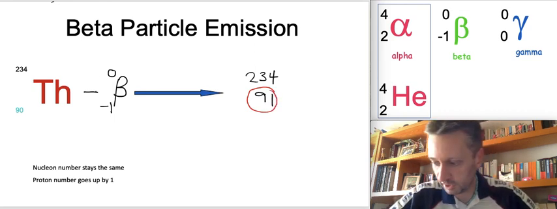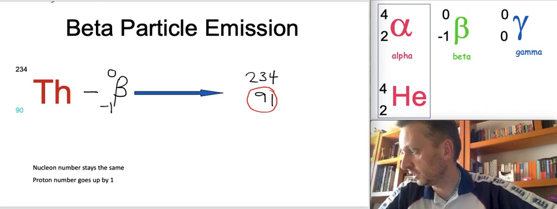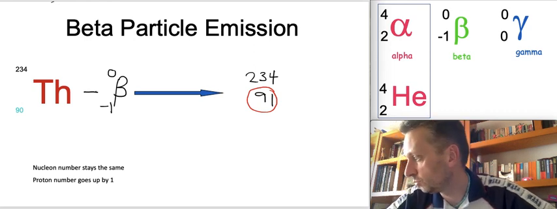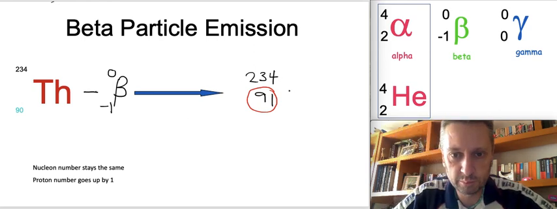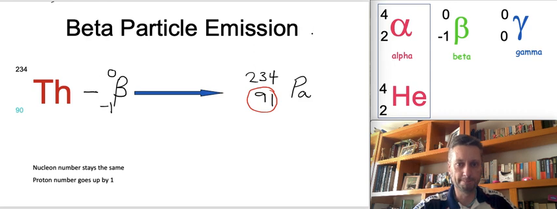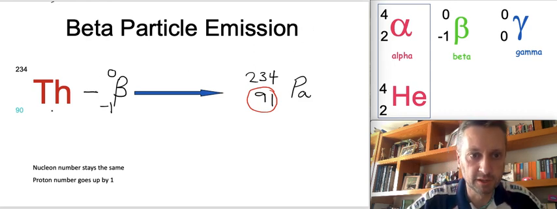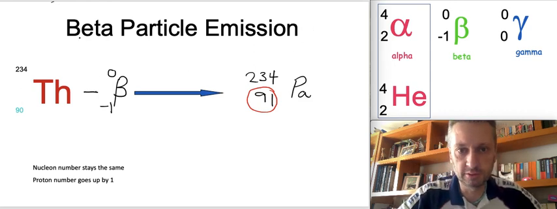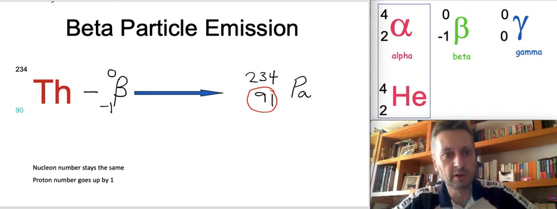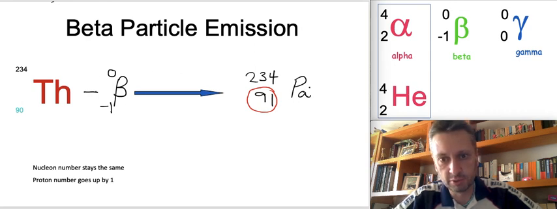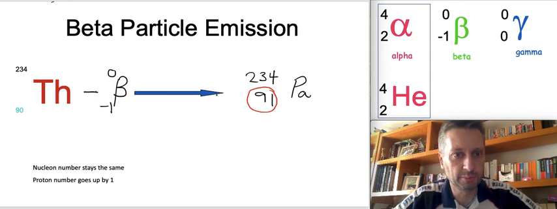So I get my periodic table, I look in the periodic table again, and I can see that the element with a proton number of 91 is Pa, which I believe is protactinium. Okay, so that's our nuclear equation for a beta particle emission from thorium-234. Thorium-234 loses a beta particle and becomes protactinium-234. Okay, hope that made sense.